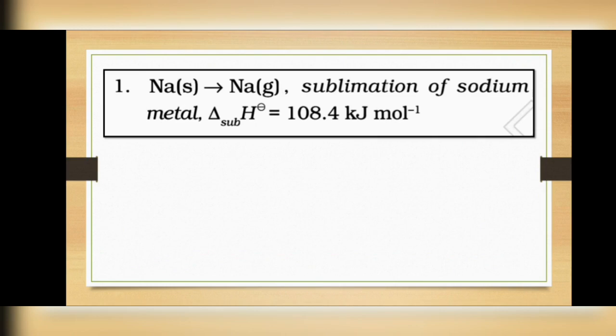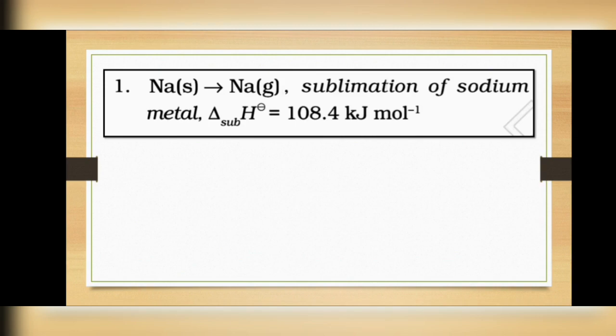Now the first one is Na, that is sodium in solid state. Sodium is a metal, it is in a solid state. That solid state you need to convert to a gaseous state, because our aim is to get Na plus and Cl minus.